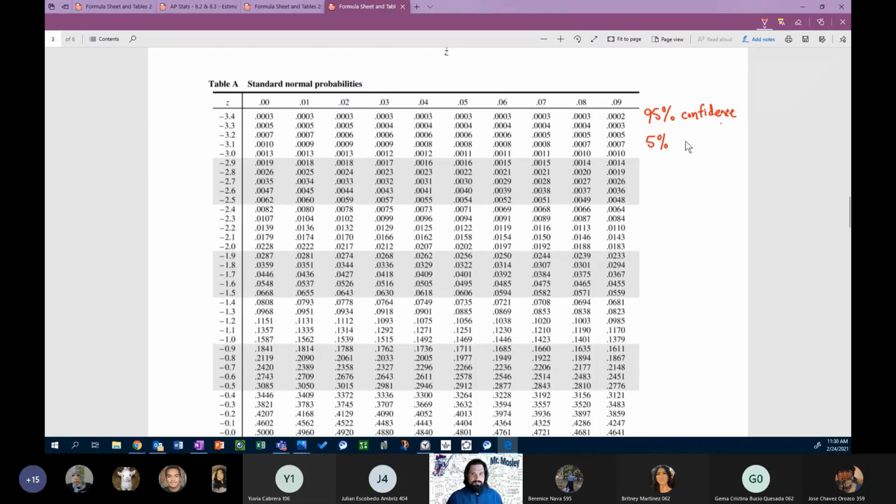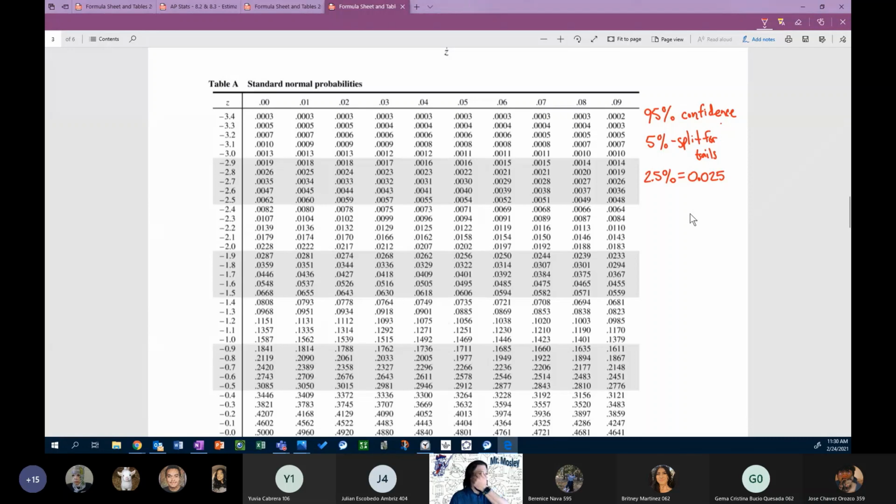So the other 5% is outside my interval, and that's the area of the tails. So 5% is split on the tails. That means we get 2.5% for each tail. We split that evenly, because this is symmetric. We're right in the middle with the 95%. We have 2.5, 2.5.